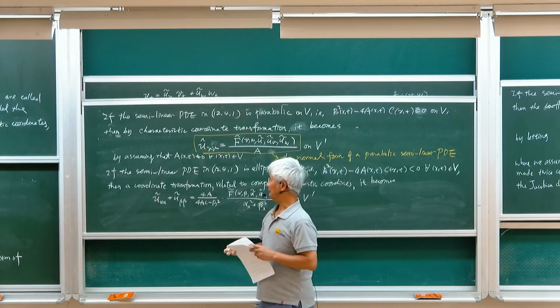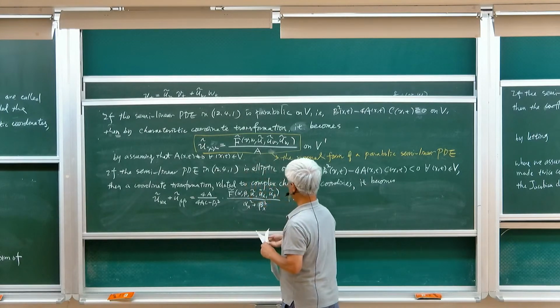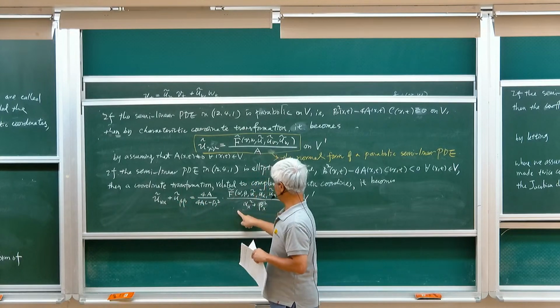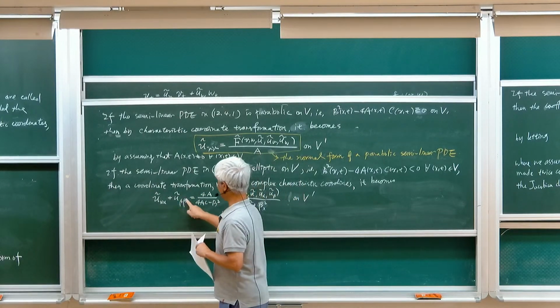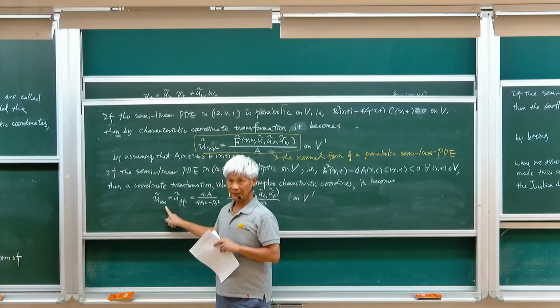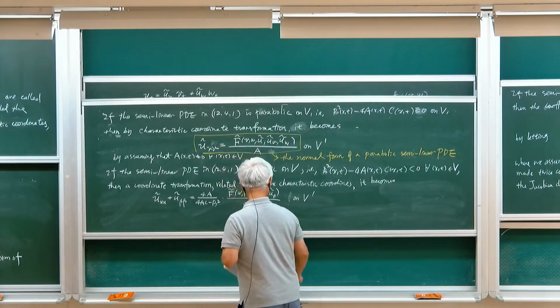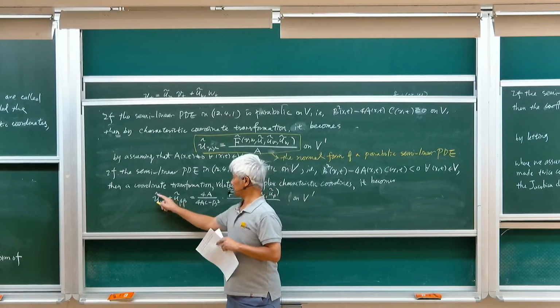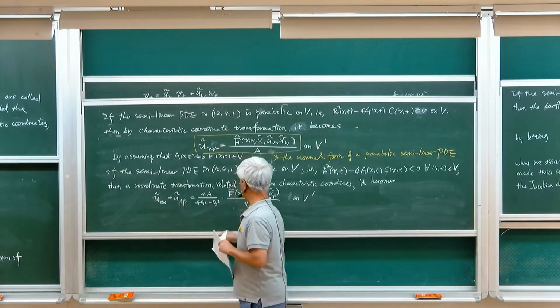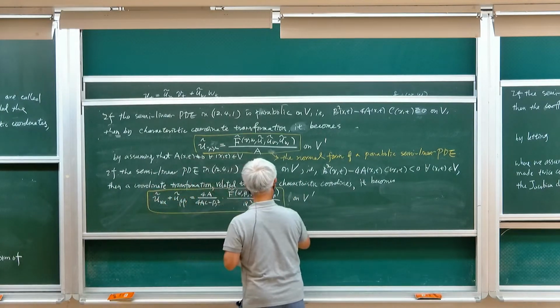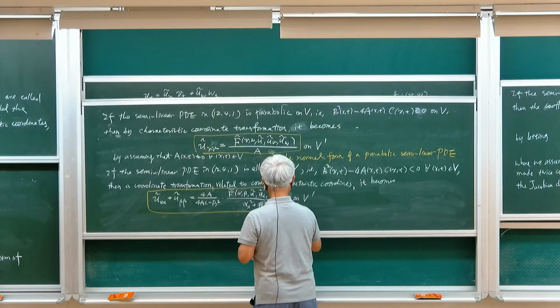So I think it's not appropriate. So I will give you the related coordinate transformations. And so you can see that the left-hand side is just a Laplacian. Okay, the left-hand side is a Laplacian of the U tilde.